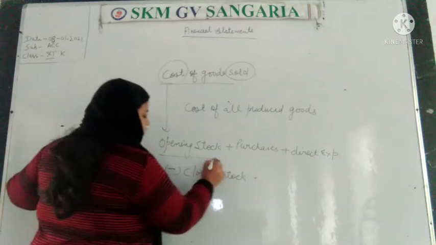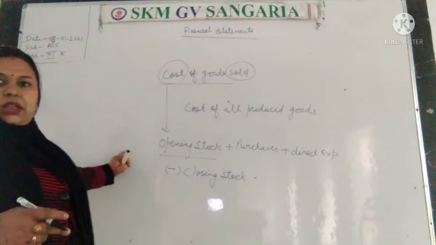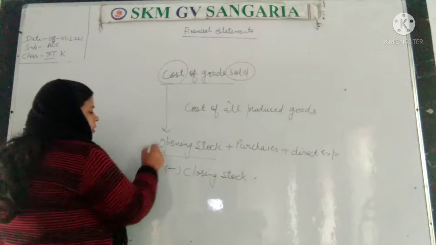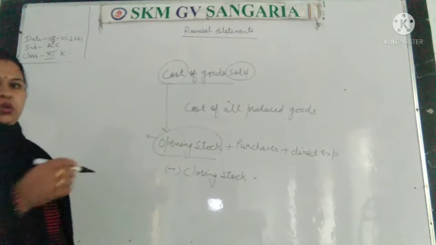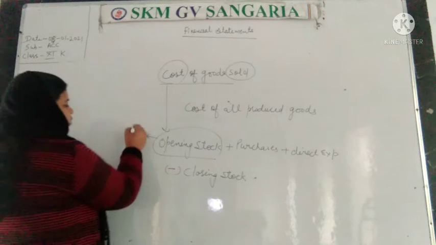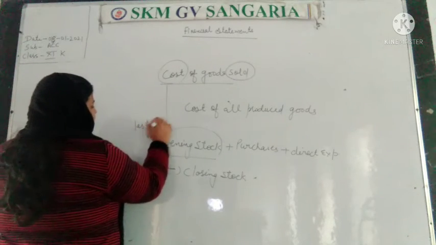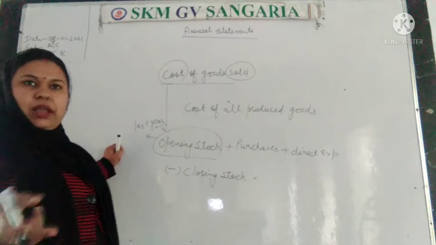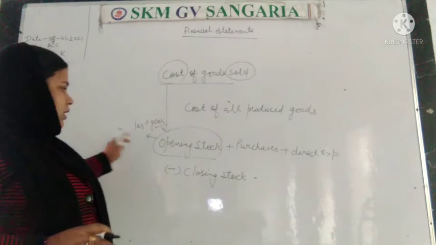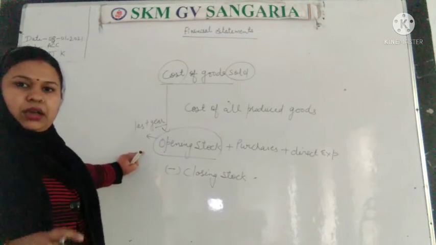Opening stock. I have told you in the starting of the video that opening stock is the stock which remains unsold from the last year. It means it is produced last year. Opening stock means the stock which remains unsold at the end of the previous year will become the opening stock for the current year.